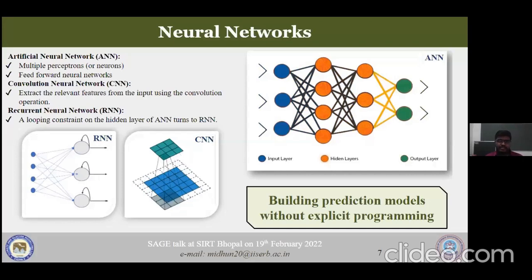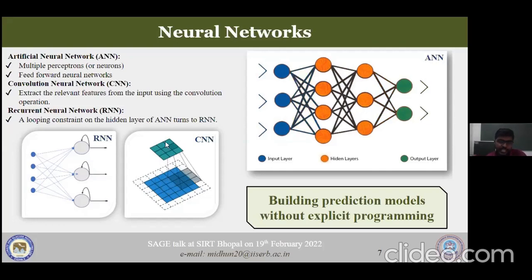There are many other things which evolved over the last not more than 5 years, so it is a very rapidly growing sector. Here I have shown a GIF of an ANN showing how the connections work. Every neural network has an input layer, some hidden layers, and an output layer. I will explain each neuron in the next slide.